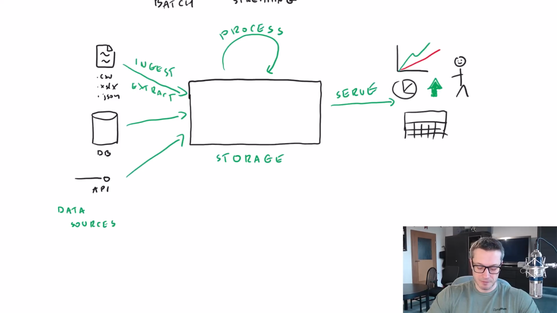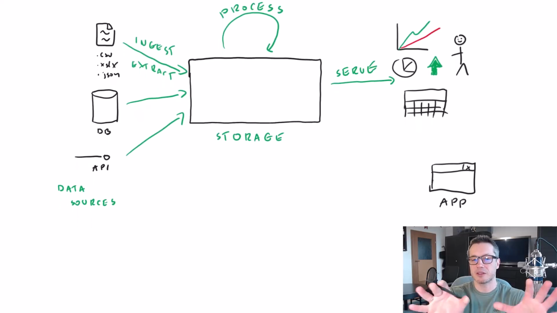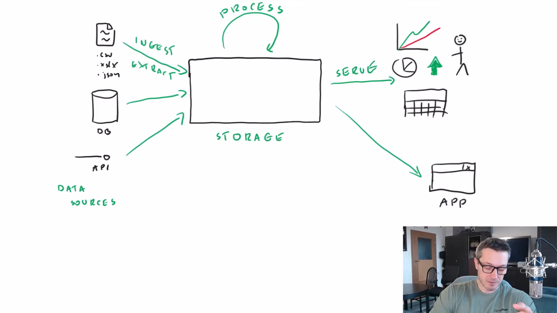But very often, you would like to share this data not only with a person, but with some other application, with other system. So let me draw it like this. So we've got some application that has to consume our data. So again, we've got to serve it somehow. And now, depending on a use case, you might serve it in a different way.